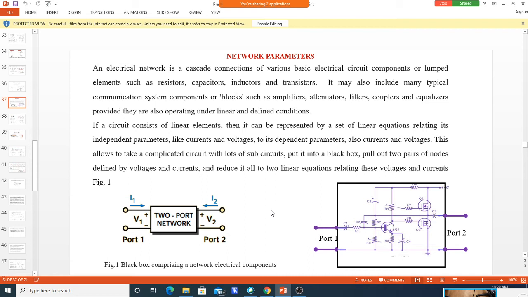But we cannot use the same phase shifter designed for 900 megahertz for 5G applications at 27 to 28 gigahertz. A phase shifter designed for 1 gigahertz will never work for 27 gigahertz. We have to go for a different design. That is the main problem.